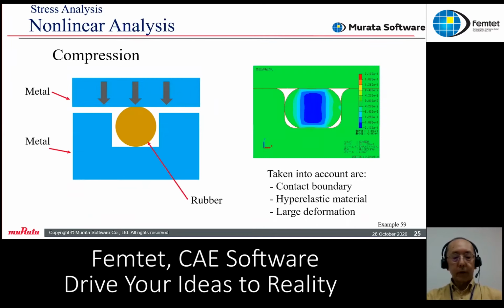The rubber object is deformed, and you can see the compressive strain generated within the rubber object. In this example, the nonlinearity, such as contact, hyperelastic material, and large deformation, are taken into account.